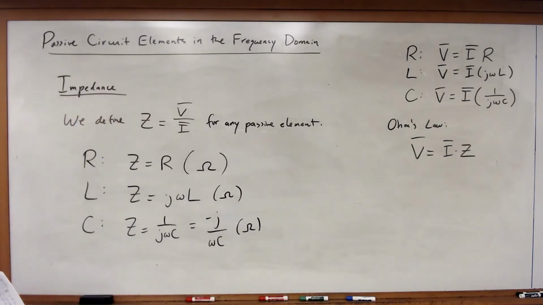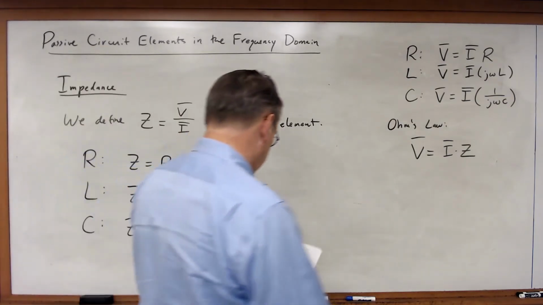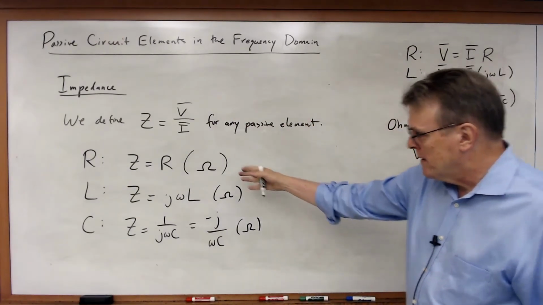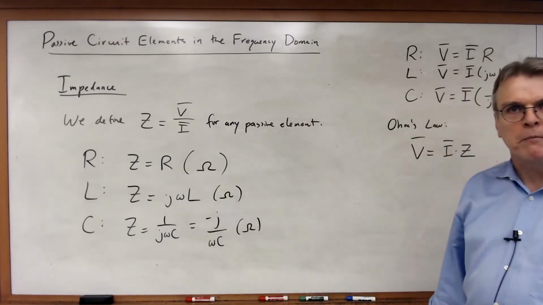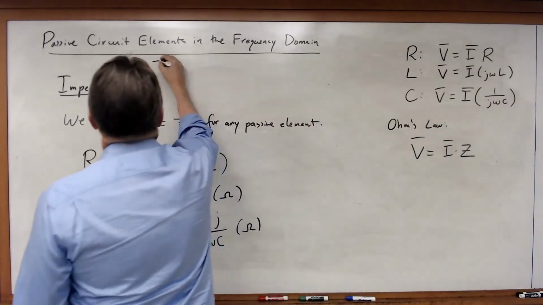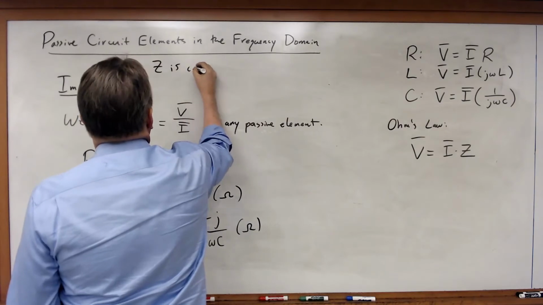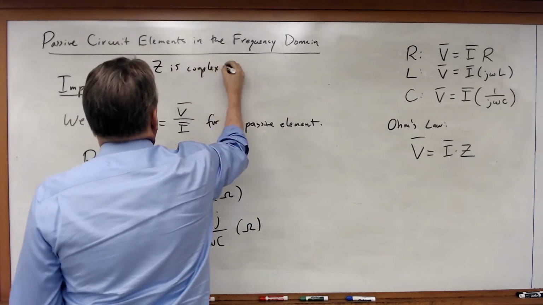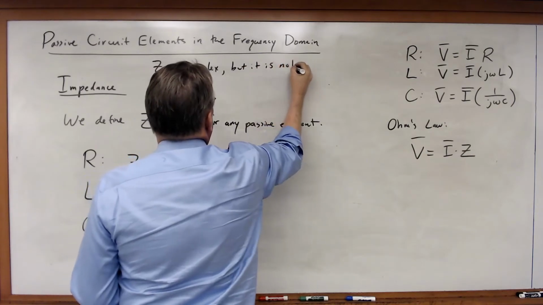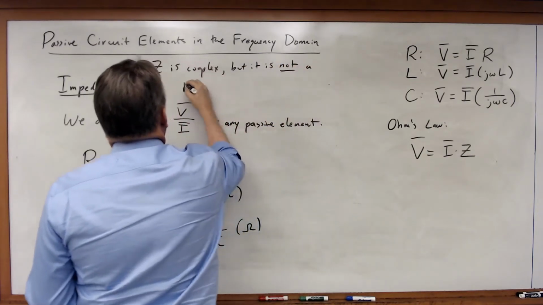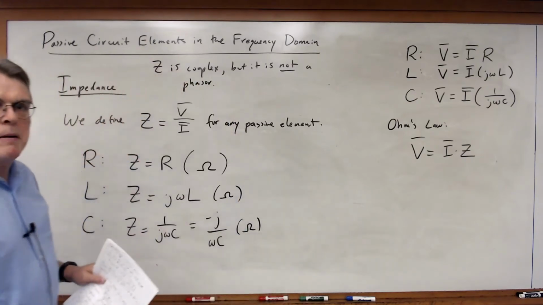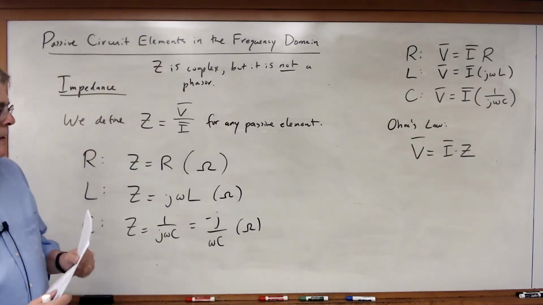All right? Now we note Z is a complex number. Obviously, it can be a complex number, but it's not a phasor. And this is something that people sometimes get confused about.